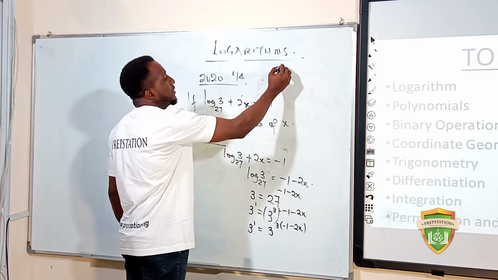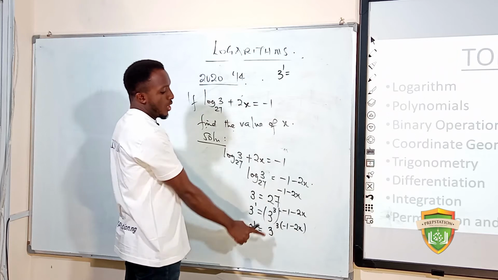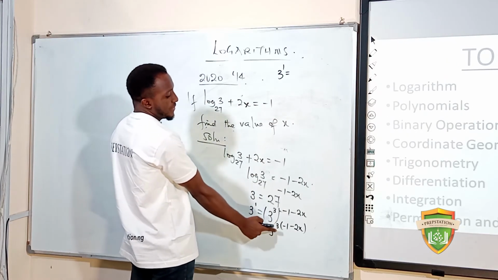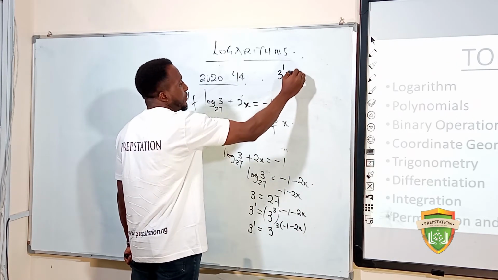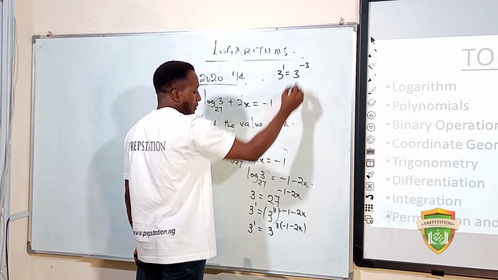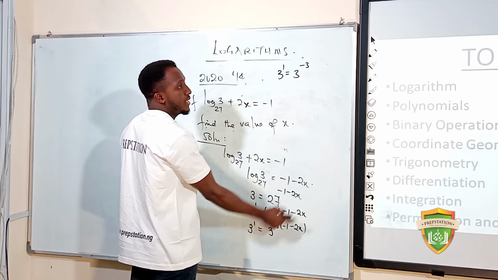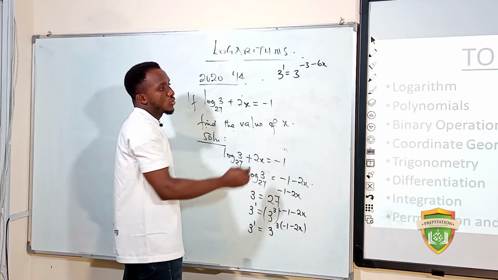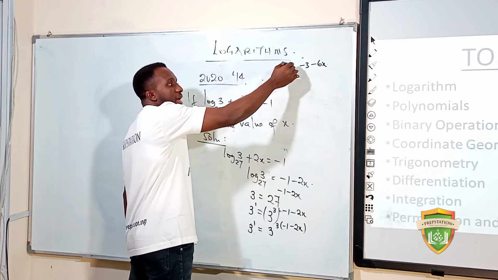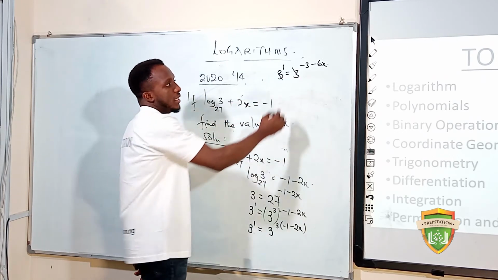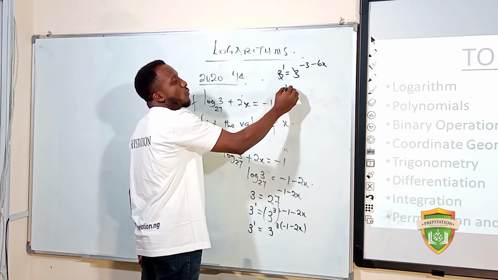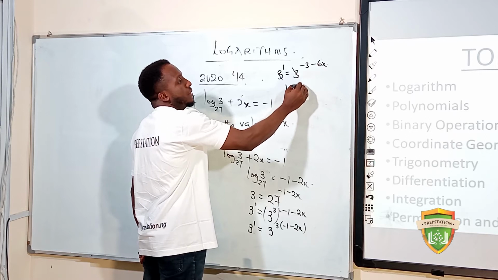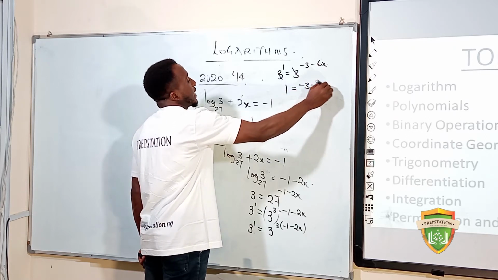So we have 3 raised to the power 1 equals, when you remove the bracket, 3 will multiply everything here, leaving you with 3 raised to the power minus 3. 3 times 1 is 3, so we have minus 3 minus 6x. So since we have 3 and 3, we can cancel. We therefore have 1 equals minus 3 minus 6x.